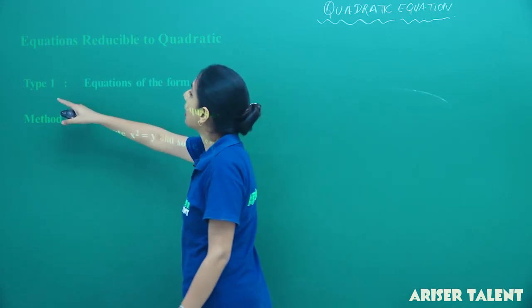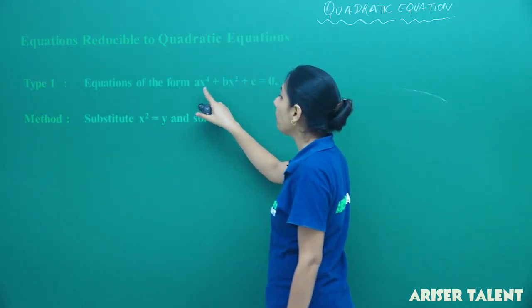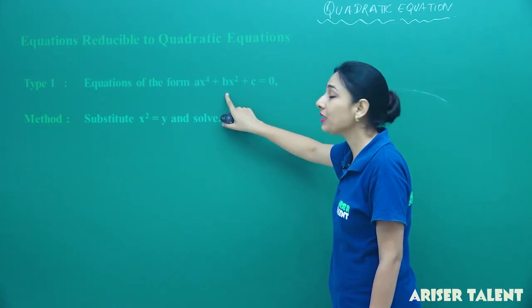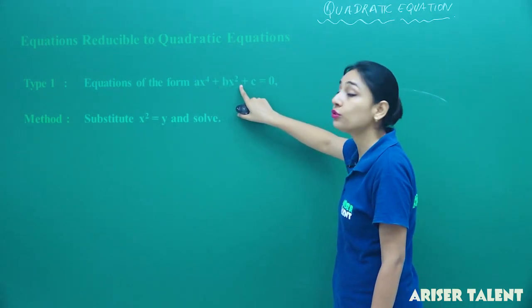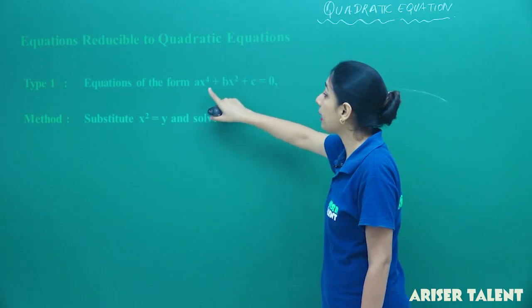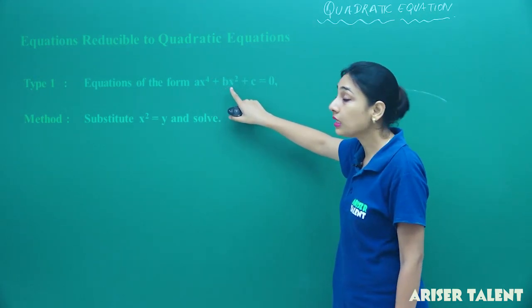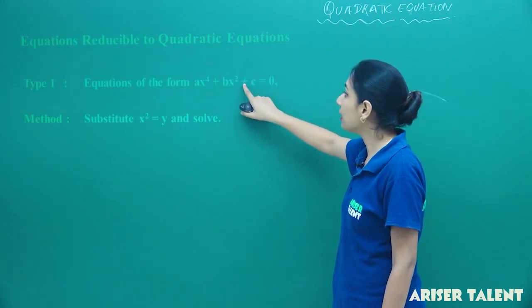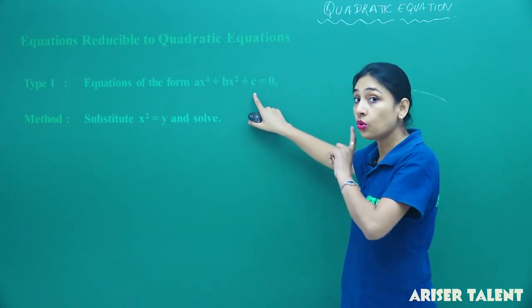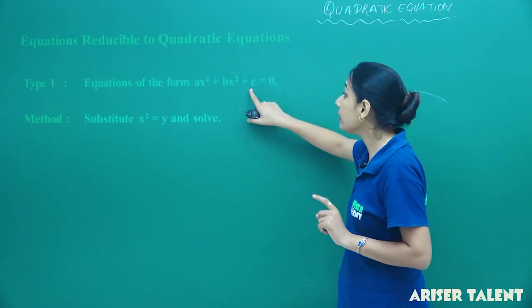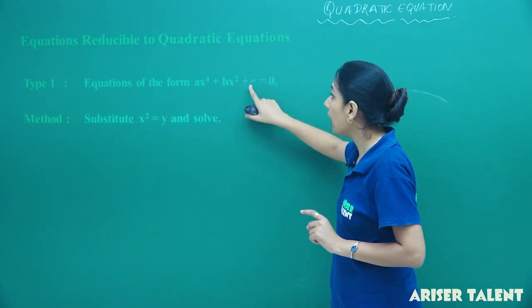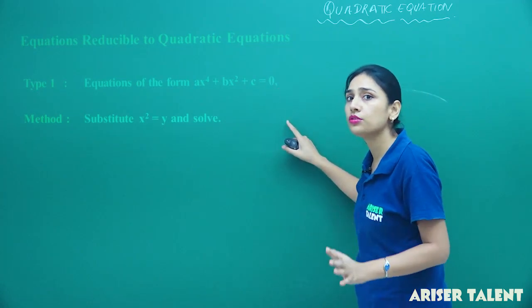You have this type 1 equation of the form ax raised to power 4, next term bx raised to power 2. The x raised to power 2 and x raised to power 4 is the key here to identify this kind of equation. Plus constant, no x, right? Only constant here. So, x raised to power 4, x raised to power 2 and the constant equals to 0.